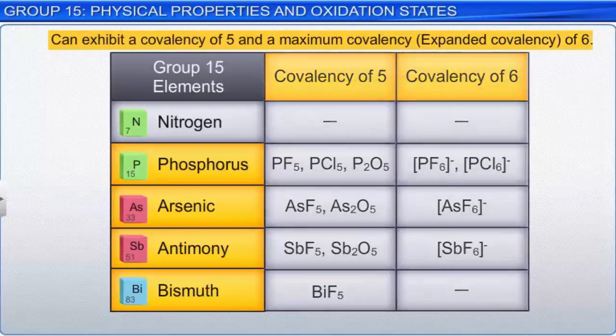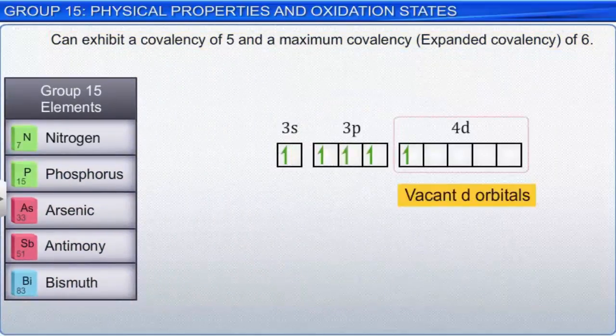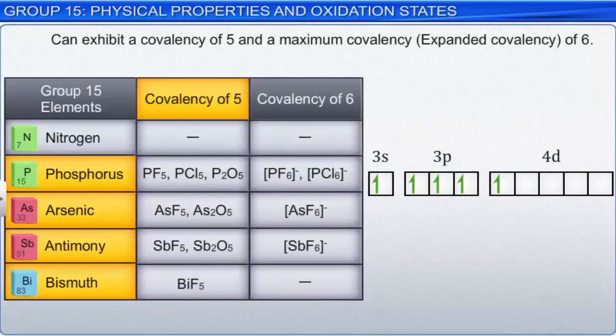This is possible because of the presence of vacant d orbitals in the valence shell. The compounds of phosphorus and the remaining elements that show a covalency of 5 and 6 are listed in the table here.